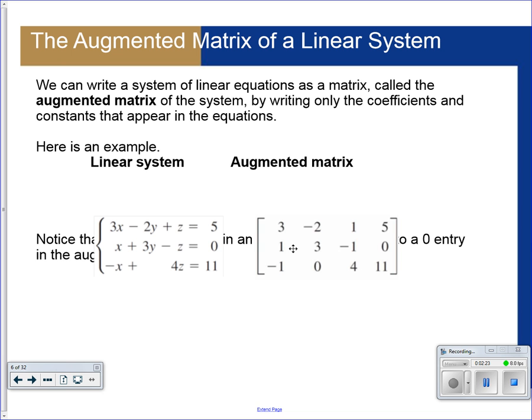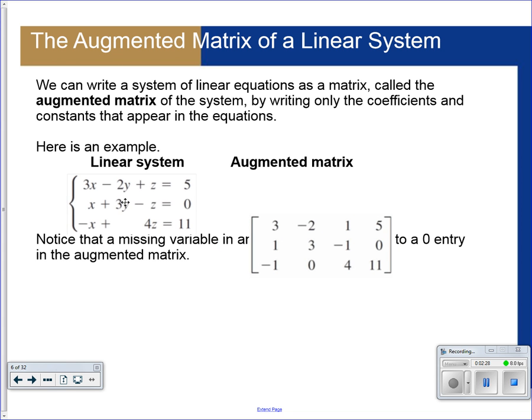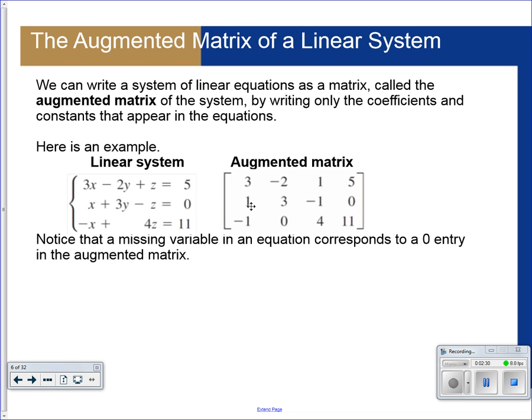And then again, I transferred this over so I don't think everything lined up. Okay, so if this is my linear system, this is going to be my augmented matrix. Now notice that this one is missing a variable, so if it's missing a variable, then a 0 is what is going to go in place here.